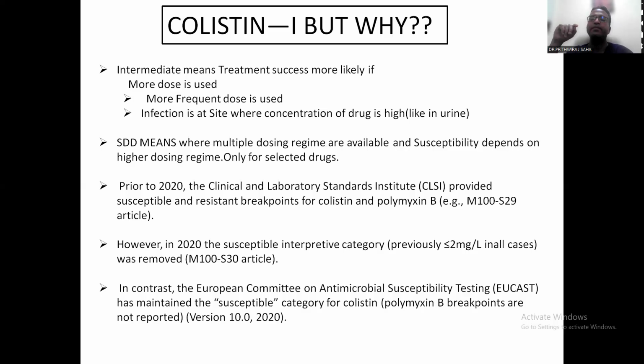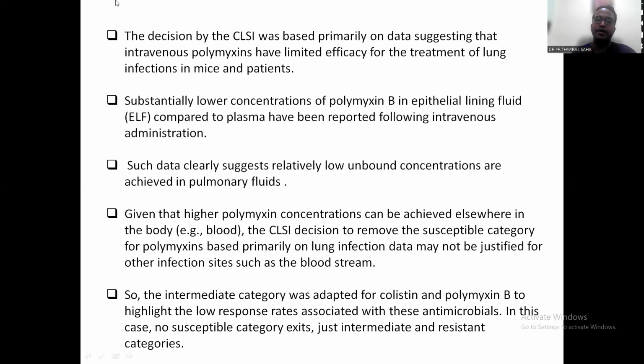You should remember, CLSI took a decision to remove the susceptible category for lung infection. Okay, so read this first line. The decision is quoted from the article which was published where this term for colistin was introduced, right? So this is a quote. You can copy paste it in Google and check.